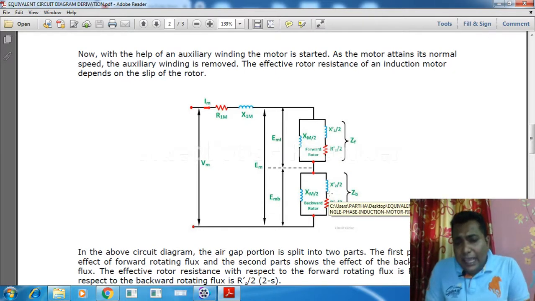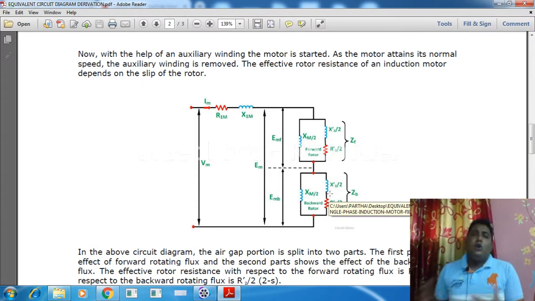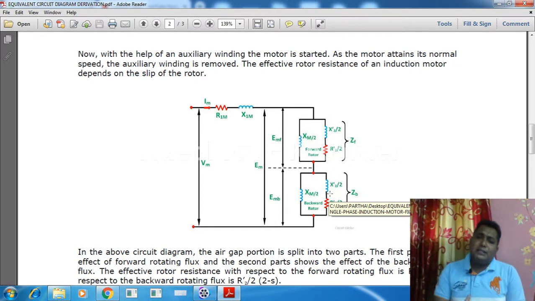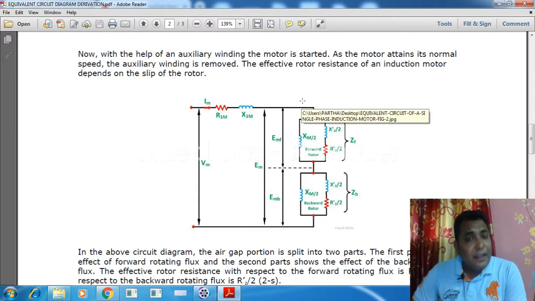But here, as per the double revolving field theory, we have divided the reactance and resistance values into two parts. One part tells us about the forward rotor, the forward EMF path, and the other half tells us about the backward path. As we can see in this diagram, there is a dotted line.